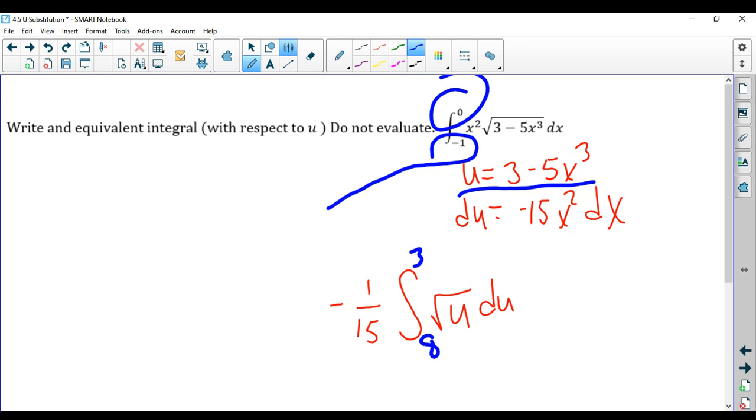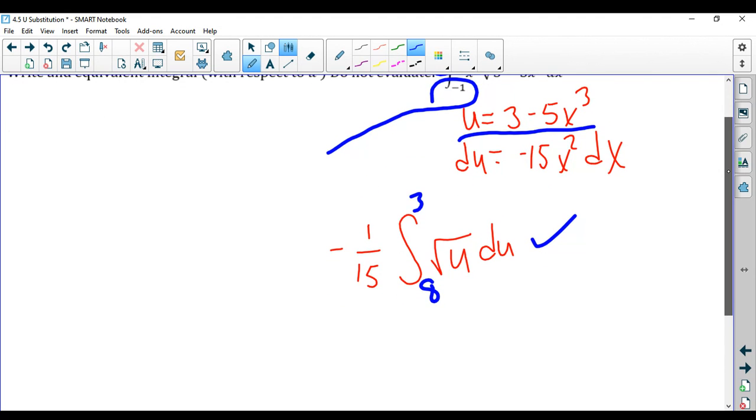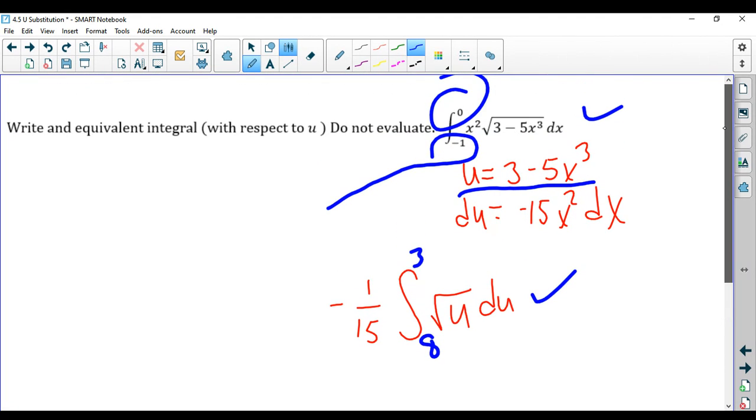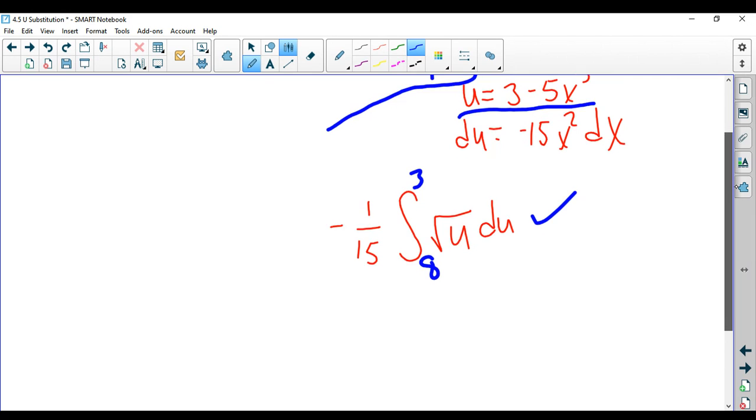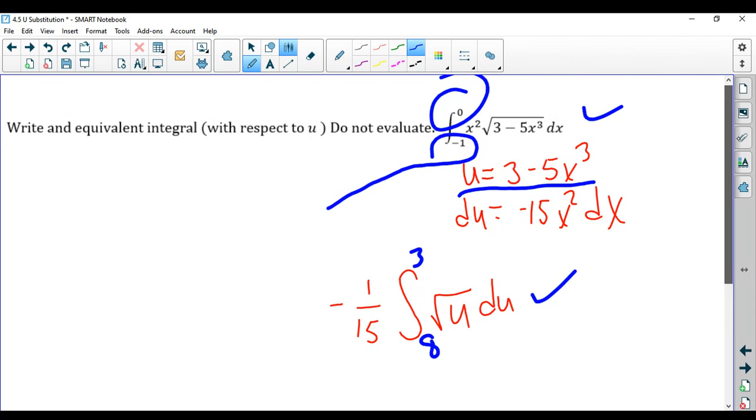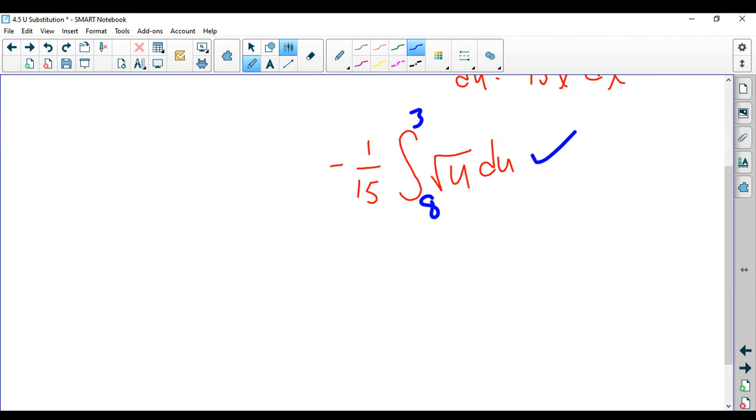That's it. Now to check, you can just do this on your calculator, they should be the same. One thing to watch for, if you remember our properties of integrals, you can take the negative of an integral and just switch the limits.